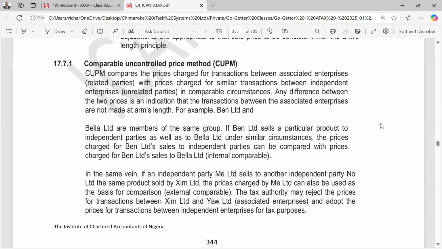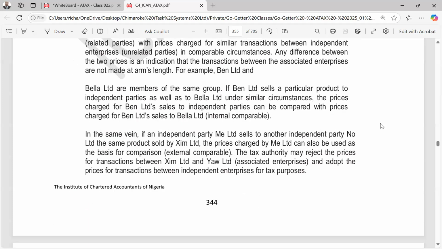If the prices are not controlled, then it's fine, arm's length. But if the connected persons are having a kind of controlled pricing, then it means they can manipulate, because the prices are under their control. So you see the COP method here.